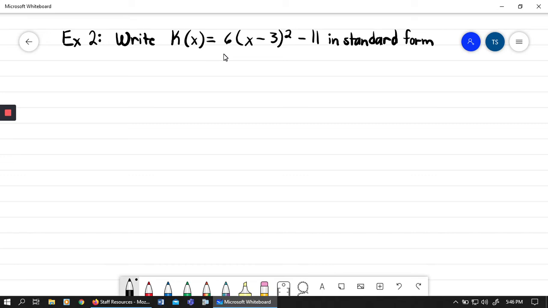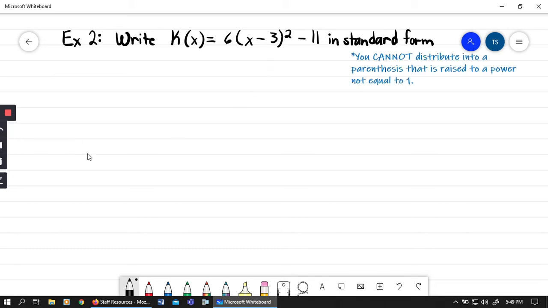Please, students, do not try to distribute this number into this quantity that is being squared. You cannot distribute something into something else that's being squared. You can't distribute into a set of parentheses where the exponent is greater than 1.